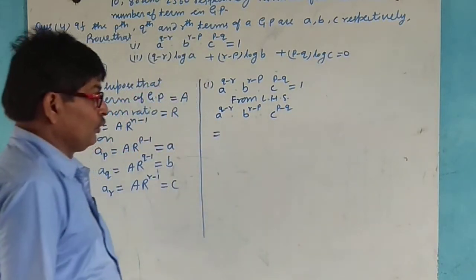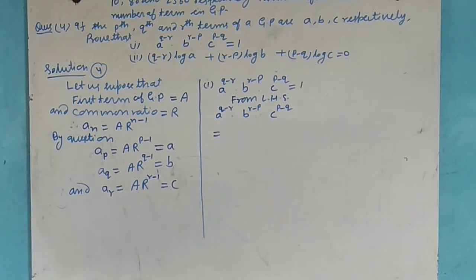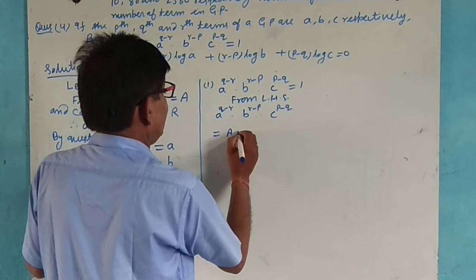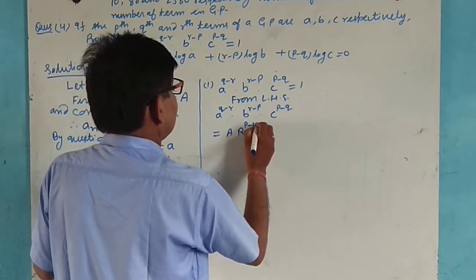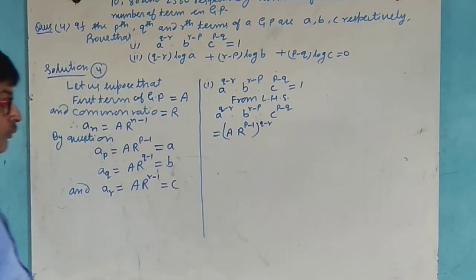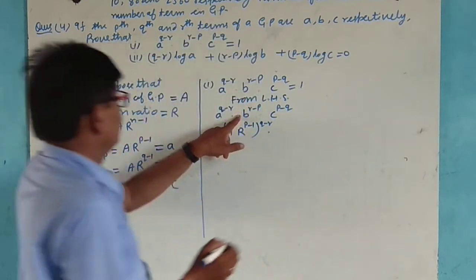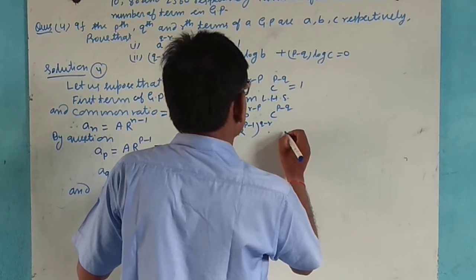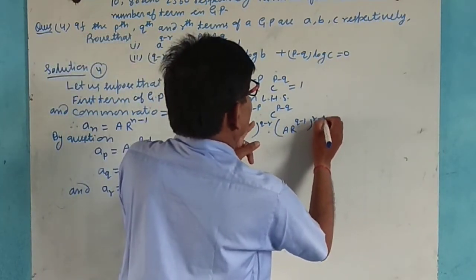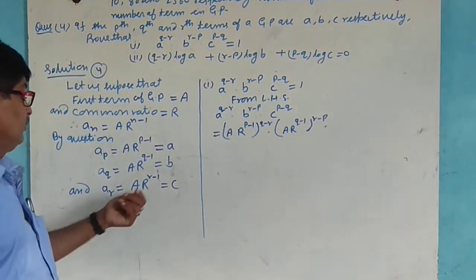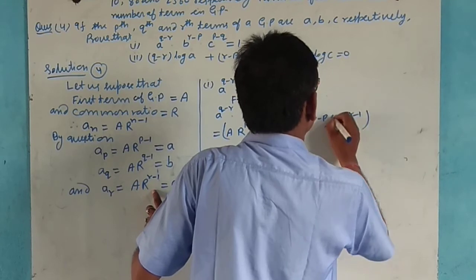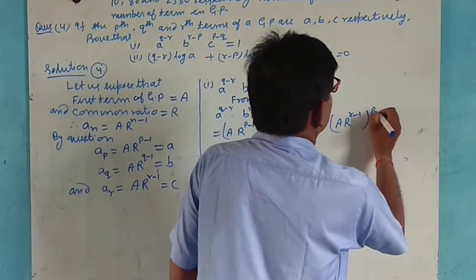Here putting the values of a, b and c: a equals A R to the power p minus 1, all to the power q minus r, into b, A R to the power q minus 1, all to the power r minus p, into c, A R to the power r minus 1, all to the power p minus q.